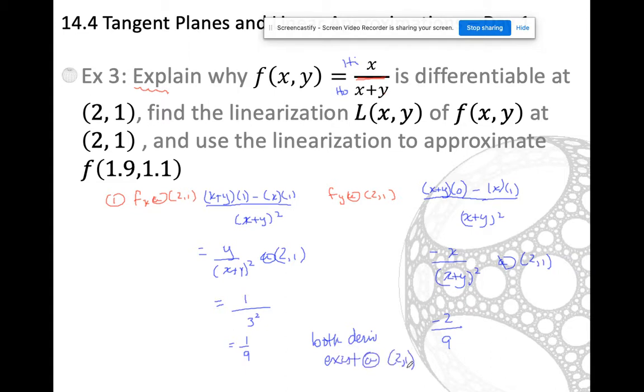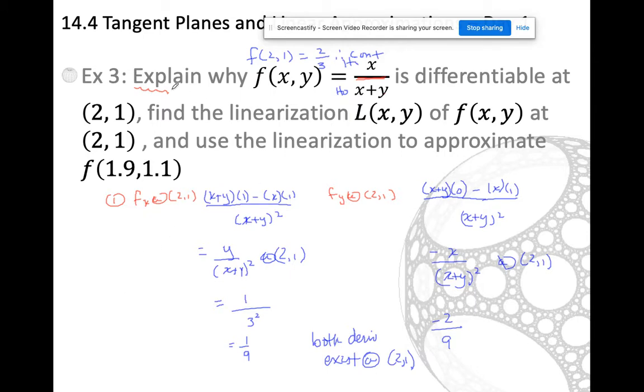at 2, 1, and then go up here to the actual function at 2, 1, and I get 2 over 3, therefore continuous. So if the function is continuous at the point 2, 1, and the partial derivatives exist at the point 2, 1, then I am differentiable, right?